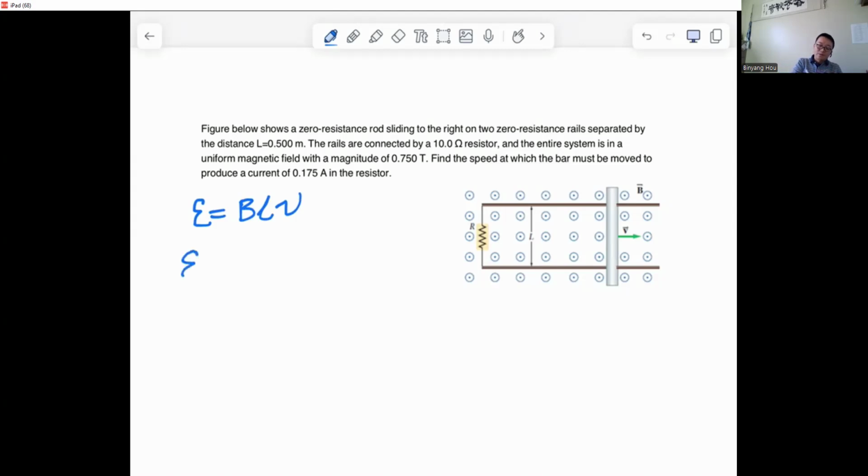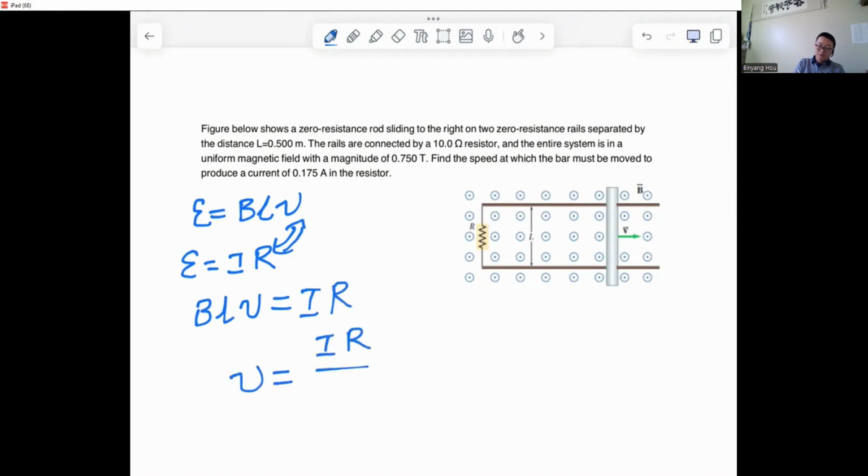Now epsilon is also equal to I times R, which are given in the question. So you set these two equal to each other: BLV equals I times R, and you can rearrange. Then V will be equal to I times R over BL.